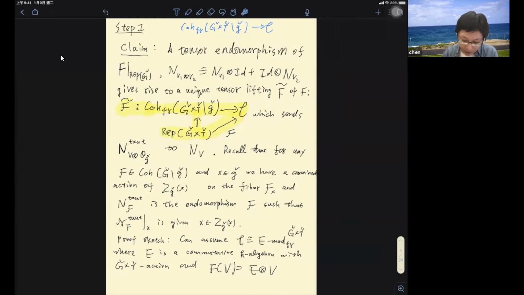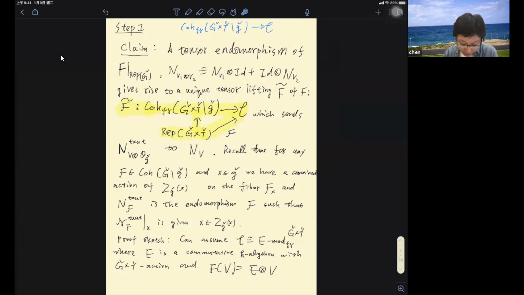So basically, you can assume our target category is of this form: a free module over a certain commutative algebra E with G check and T check actions. And our functor is very simple. It sends a representation V to E tensor V. And this tensor product is a free object and has a canonical action of G check times T check.